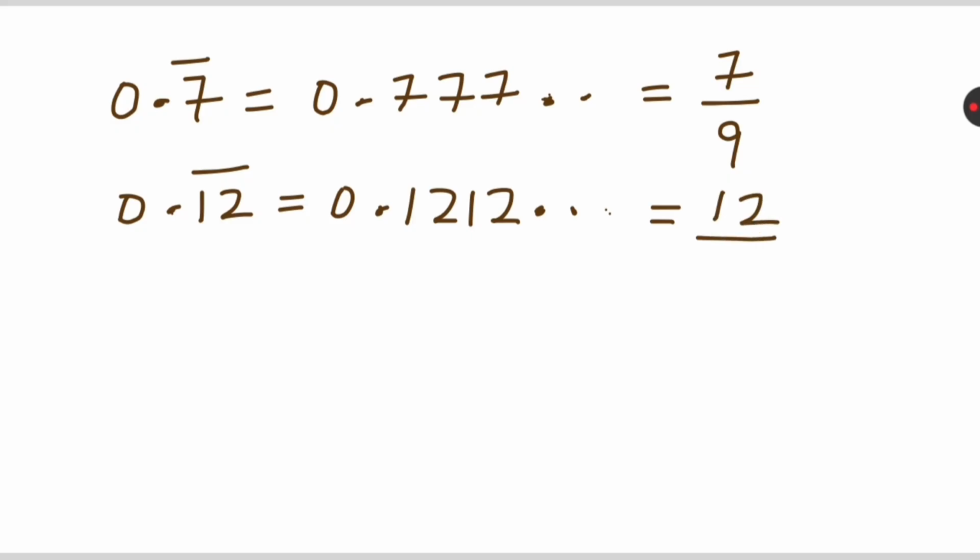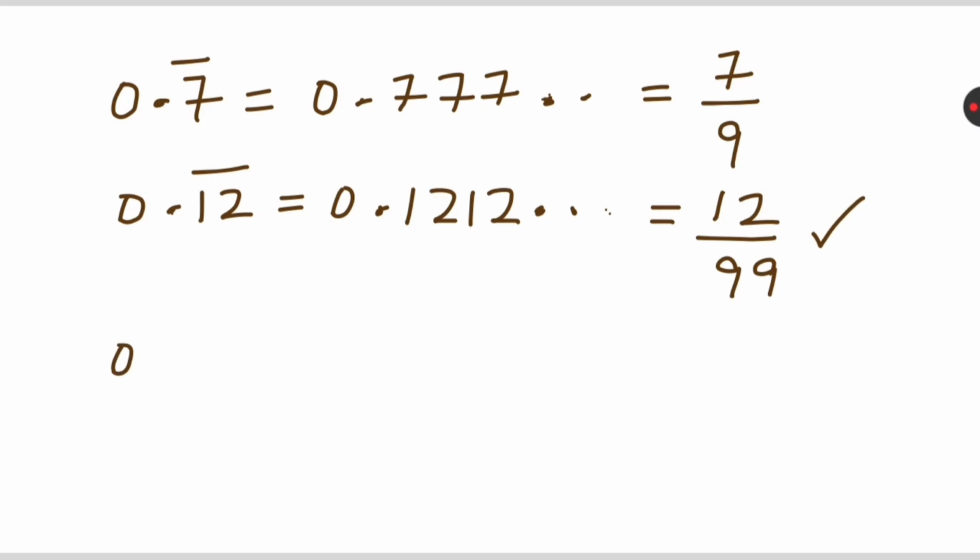Over how many digits do we have under the bar? We have 2 digits, so at the denominator you write 2 nines. So 0.12 bar we can write as 12/99 in fraction form.